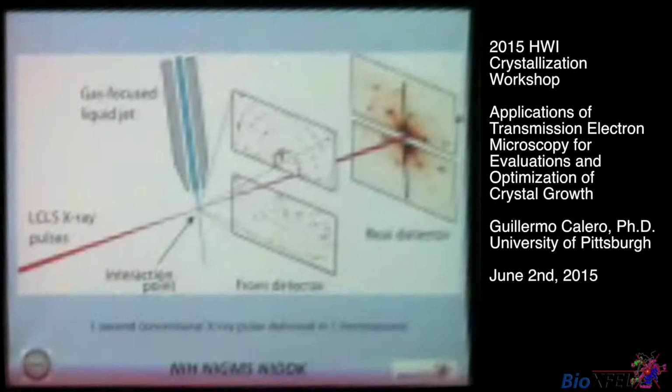So what you do is take those nanocrystals, put them on a gas-focused liquid jet, and inject the crystals through this nozzle. Then you hit them with an X-ray free electron laser, and you get diffraction.